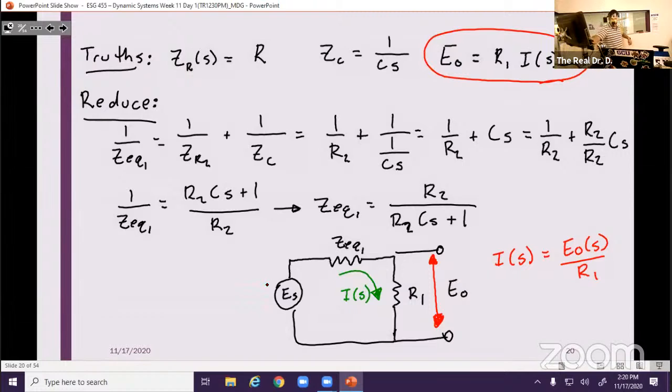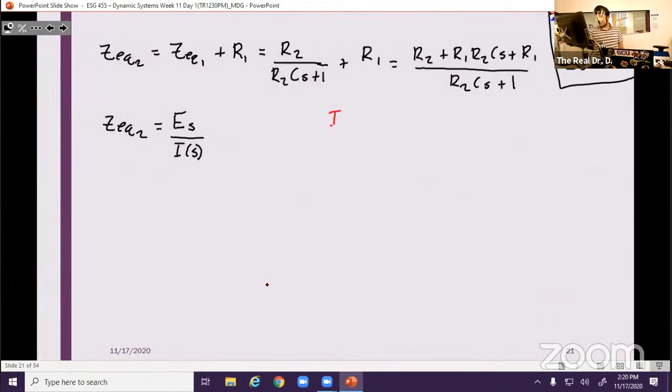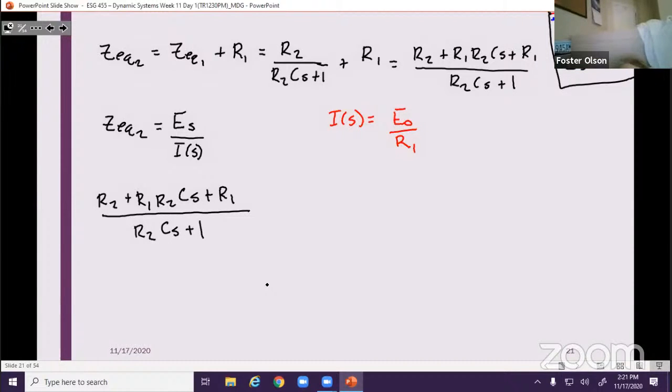And that's important because that ties it all back together, because I'm going to plug that into the equation I have on the next slide, right? So let's look at this. Remember, I've got I of S is equal to E out over R1. And I'll plug that in here. So ZEQ is R2 plus R1 R2 CS plus R1 over R2 CS plus 1.